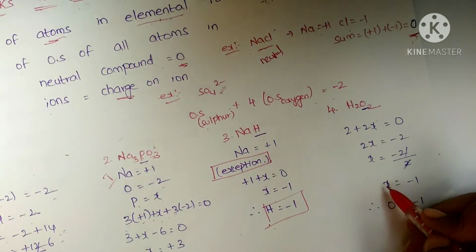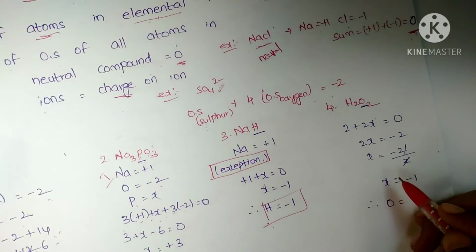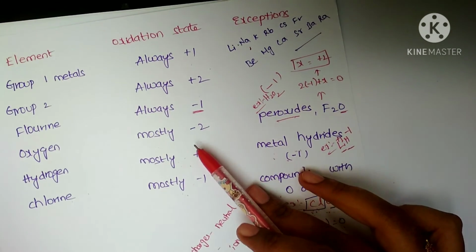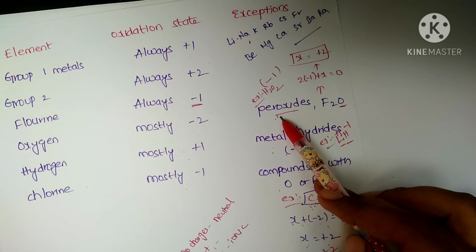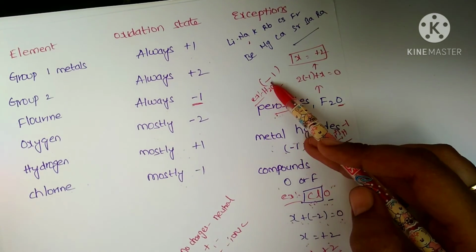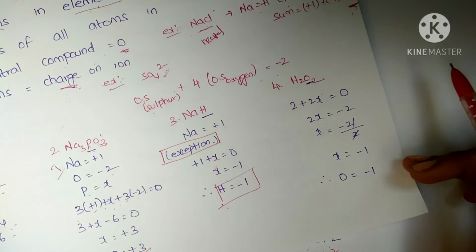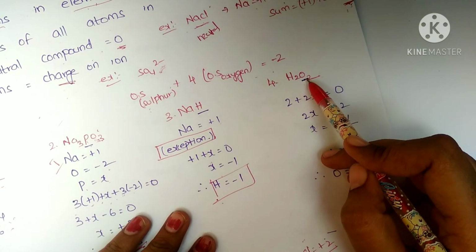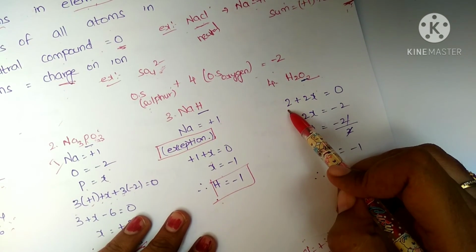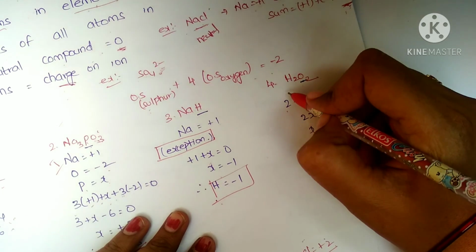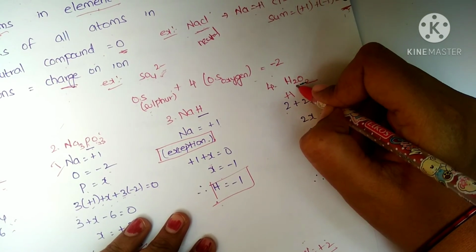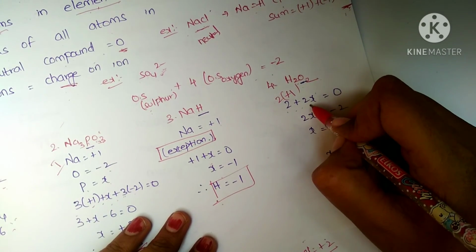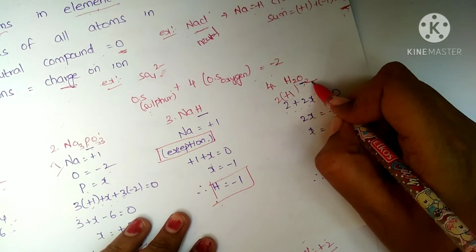And if you take H2O2, as we discussed in this tabular column, oxygen is generally -2, but whenever it is in the combination of peroxides, it is an exception, so it has -1. Just see this calculation once. H2O2, here we have to find the oxygen. Normally hydrogen has the oxidation state of +1, and here 2 hydrogens are there, so 2 into +1 means 2, plus 2X, since we have to find oxygen and 2 oxygens are there.